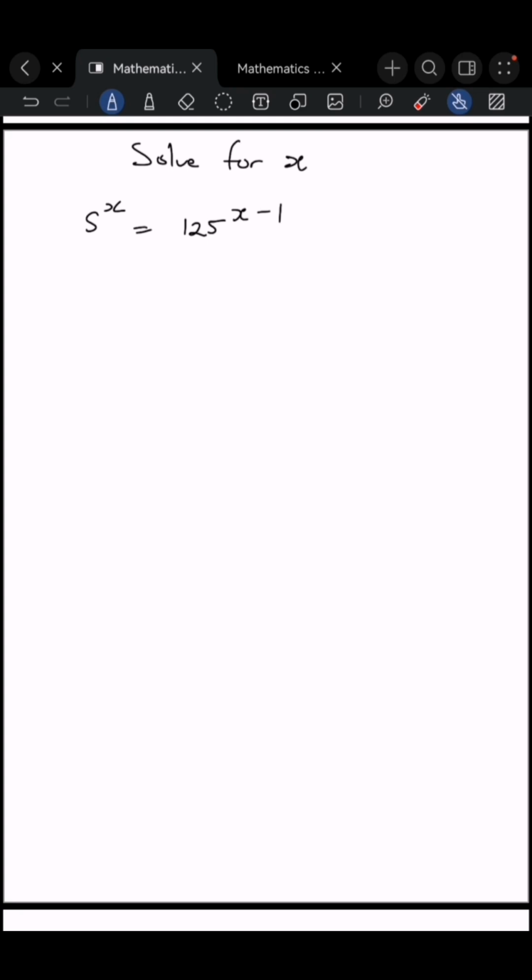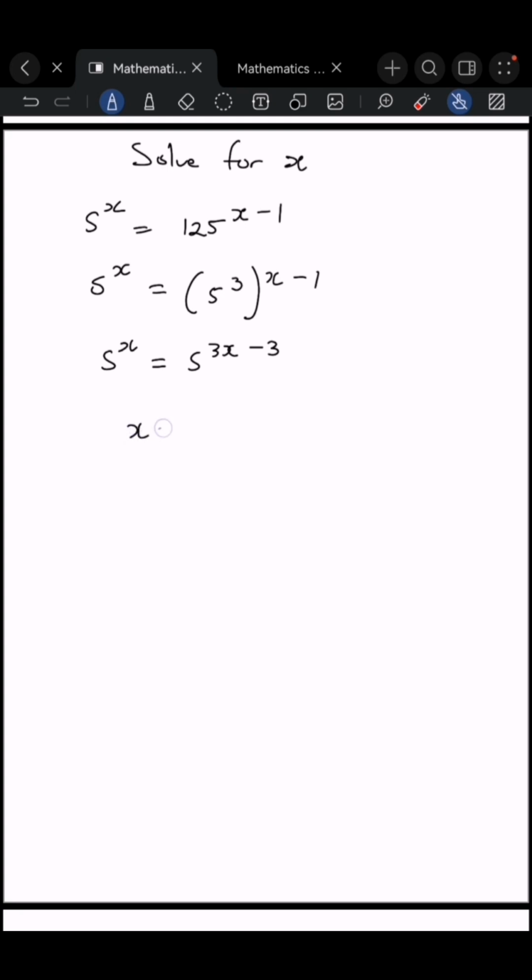Alright, solve for x, where 5 to the x is equal to 125 raised to the power of x minus 1. 5 to the x is going to be equal to the bracket, 125 is 5 times 5 times 5, which is 5 to the power of 3, x minus 1. 5 to the x is equal to 5 to the 3x minus 3, right?